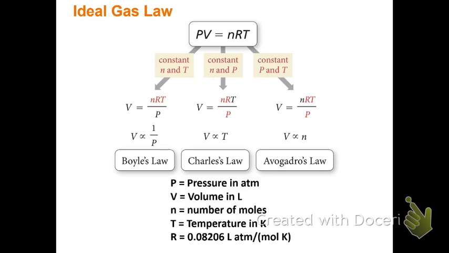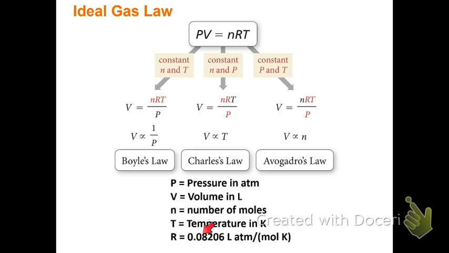So when we combine all three variables and how these affect pressure, we get the ideal gas law equation. So here we have pressure, volume, number of moles, and temperature. R here is what they call the ideal gas constant, which is the proportionality constant. So this number never changes.